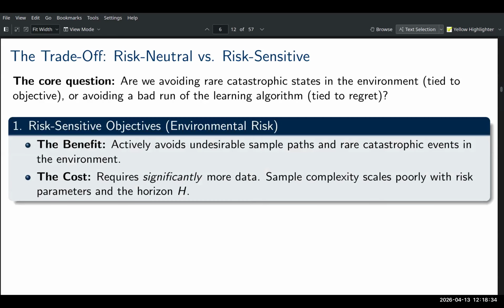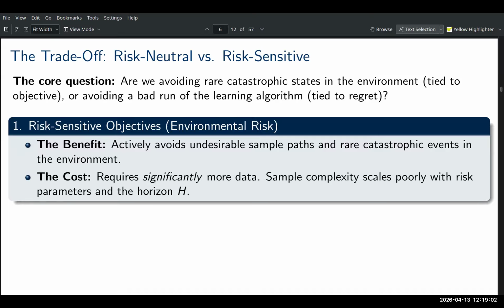So when we are looking at the risk-sensitive setting, it avoids undesirable sample paths and very catastrophic events in the environment. It is mostly related to your environment. And the cost, if anybody who has done simulation here and read the papers here, they know why, for example, almost none of the exponential cost papers for the risk-sensitive scenario had a simulation.